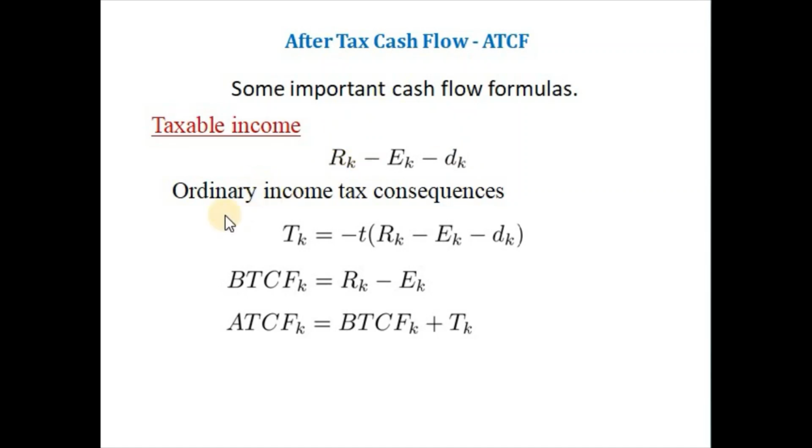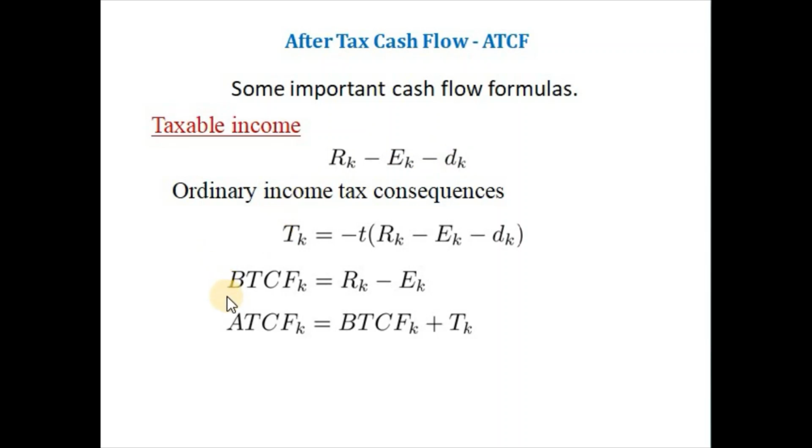Let's say the tax is 10%, so I will say 10% multiplied by revenues minus expenses minus depreciation. I will refer to this as income tax. This one is the taxable income, the income at which I will apply the tax. This one is the income tax.